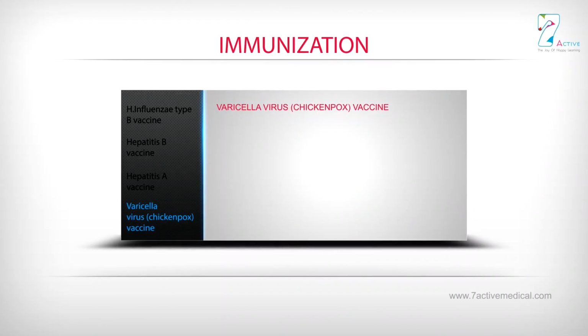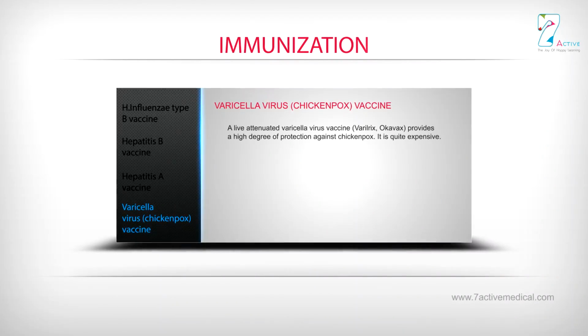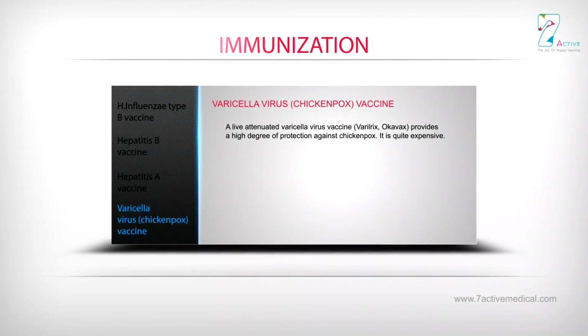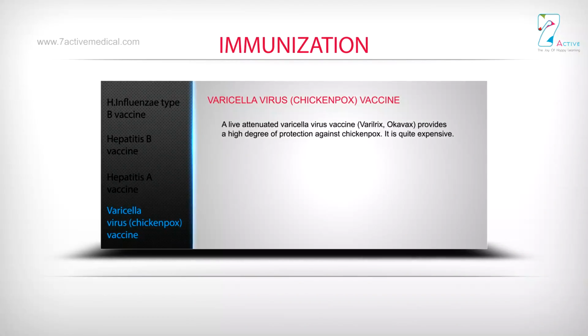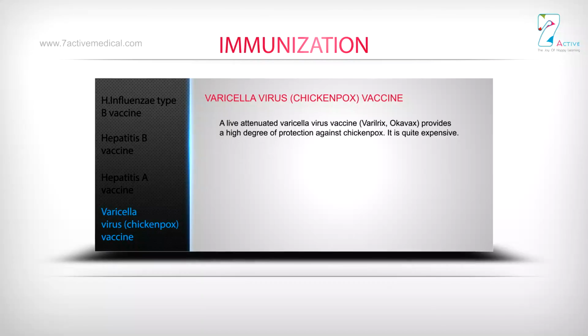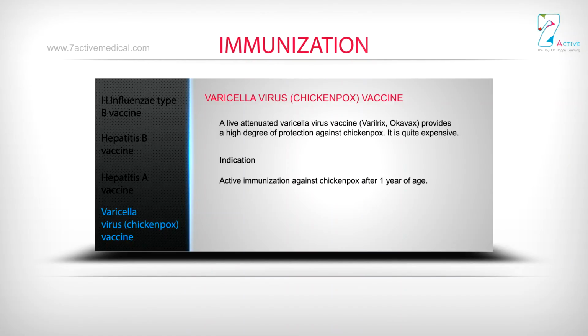Varicella virus chickenpox vaccine. A live attenuated varicella virus vaccine, Varilrix, Okavax, provides a high degree of protection against chickenpox. It is quite expensive. Indication: active immunization against chickenpox after 1 year of age.